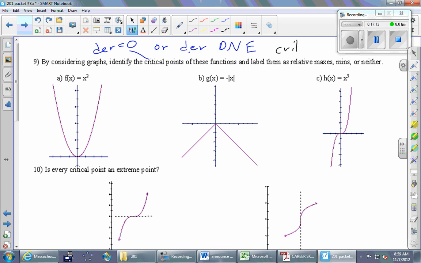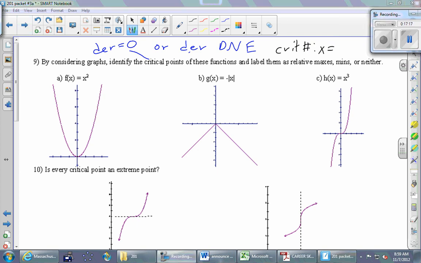Critical number might be x equals 2. A critical point might be, when x is 2, the y value happens to be 7. It's saying the same thing. It's just a matter of, are we talking about only the x coordinate, or are we talking about both parts of the point?